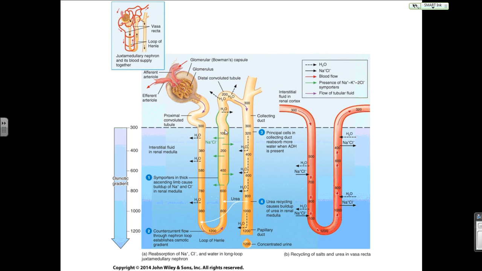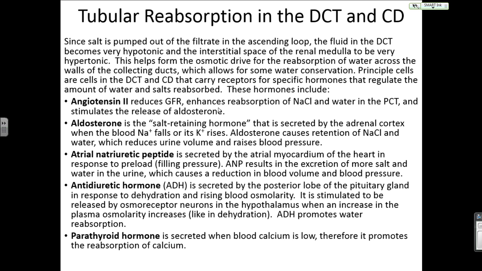Basically really watery. In that case, water is going to leave it, which we can illustrate here with our nice arrows by H2O. That's going to help us to perform what's called water conservation, to save water from being peed out.